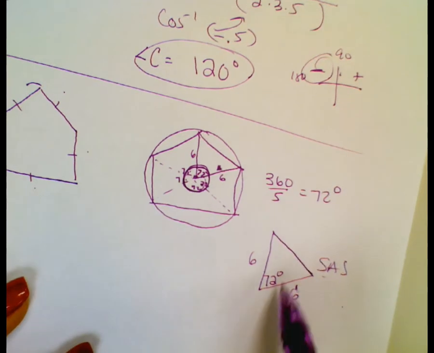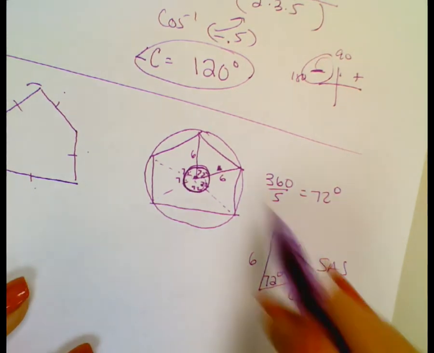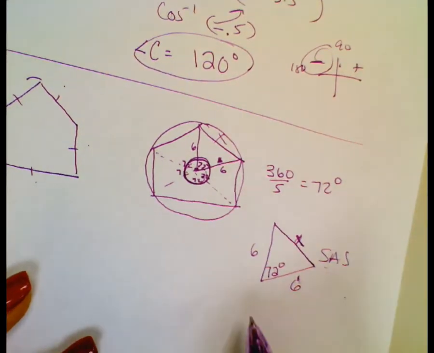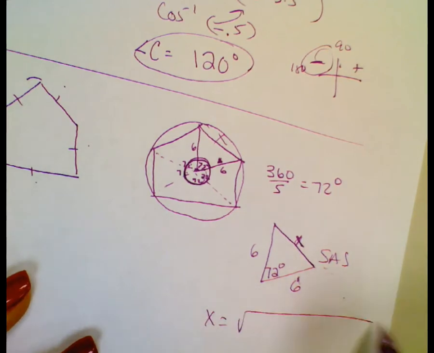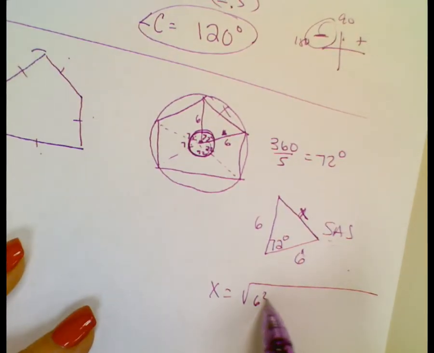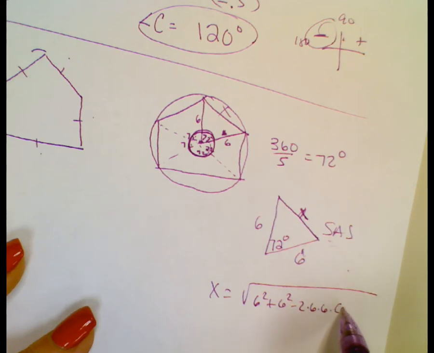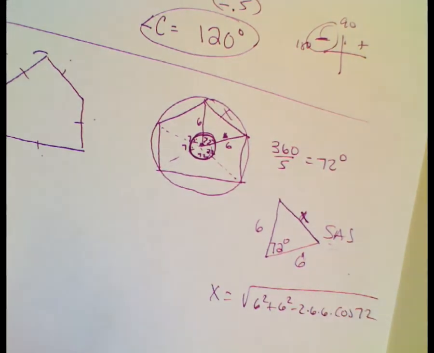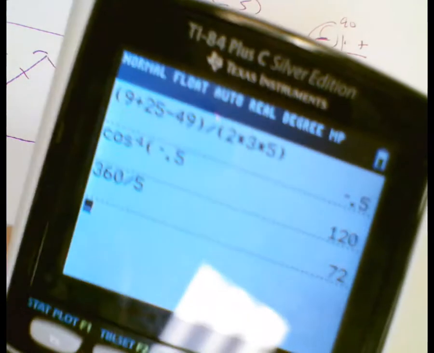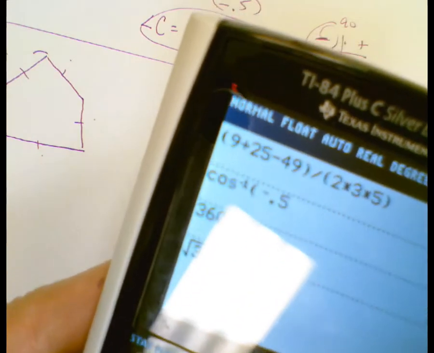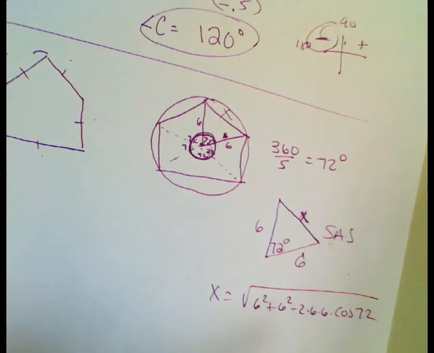We can do that. So we're going to find this side right here by using law of cosines. So we have 6 squared plus 6 squared minus 2 times 6 times cosine of 72. Let's do this. Are we having fun yet? Okay, I'm lazy. I'm going to do 36 plus 36. That's 6 squared and 6 squared.